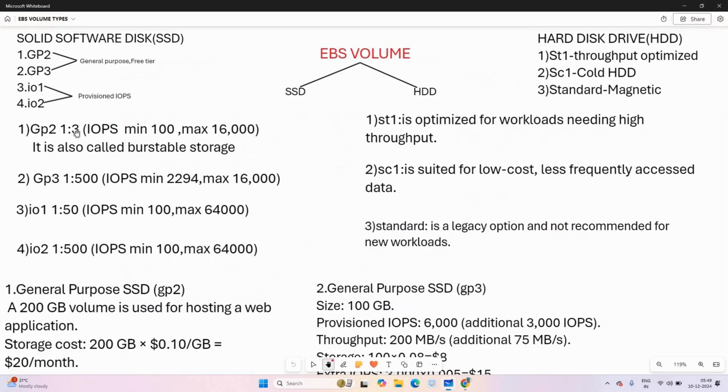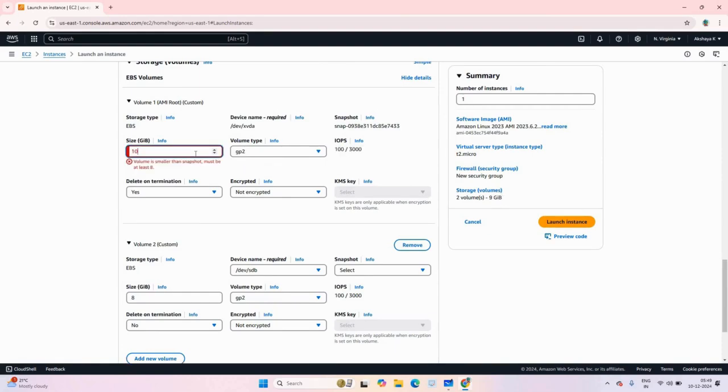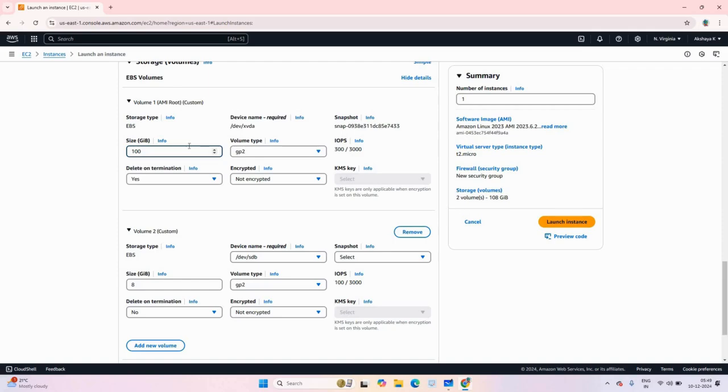So here 1:3 is the ratio I have given. The minimum is 100. So if I give 100 GB, at 1:3, 100 into 3 is 300 IOPS.